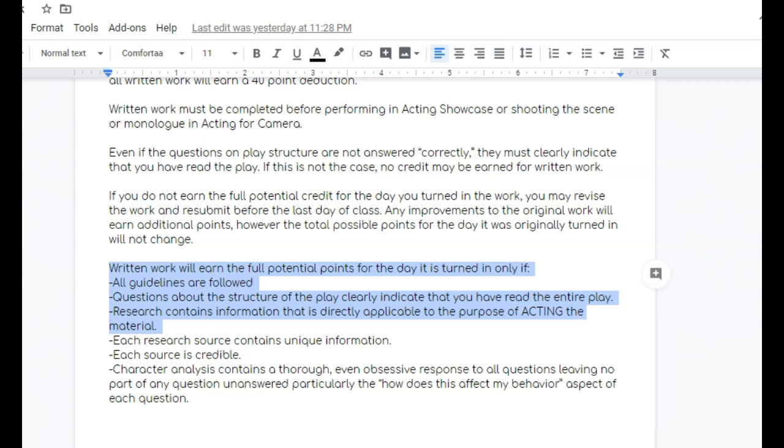The research needs to contain information that is directly applicable to the purpose of acting. Each resource needs to be credible and needs to have unique information. And the character analysis, the Stanislavski 7 questions and your verbs and your actions, needs to be very thorough, even obsessive, and really needs to address how this affects my behavior.